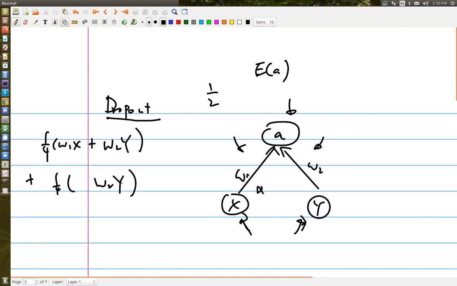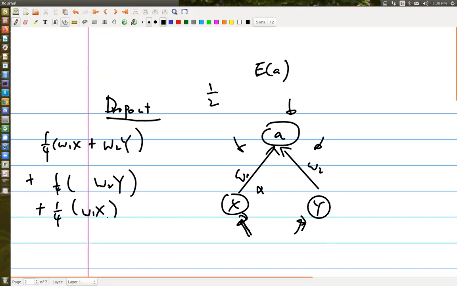You agree with me? If this guy is dropped here, then nothing is going to pass here, right? So my A in that case would be just equal to W2 times Y. And I also have the situation where maybe this side is dropped but this side is not dropped. Then I will have W1X instead.